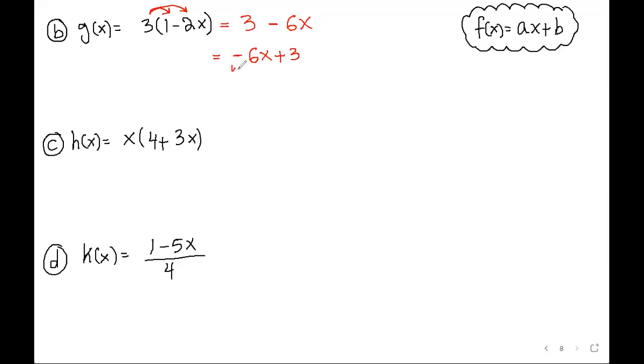So minus 6 is my a, and 3 is my b here. This is a, the slope, and this is the y-intercept. This means yes, it is a linear function.